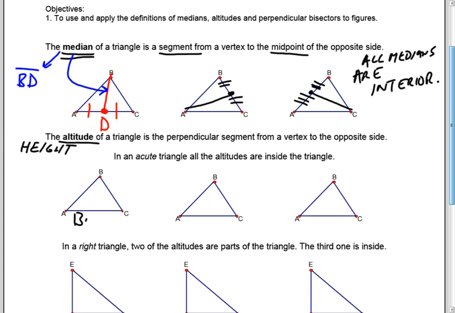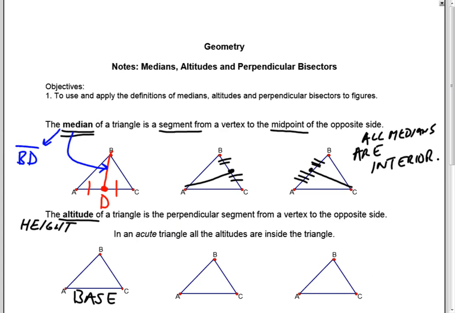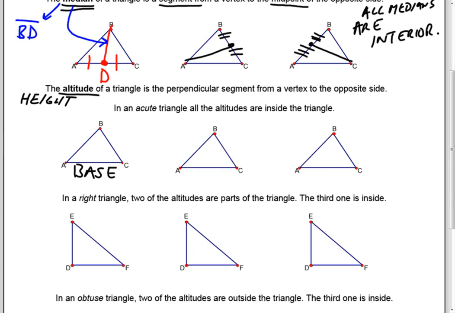So let's consider AC to be the base. If that's the ground or the base, and I want to do the height or the altitude, I would come from B straight down at a right angle. My altitude would be that segment.